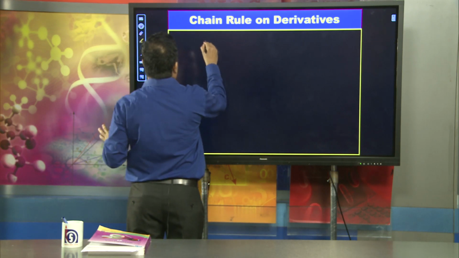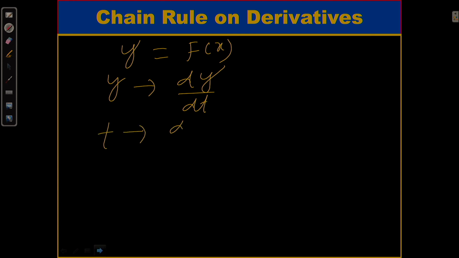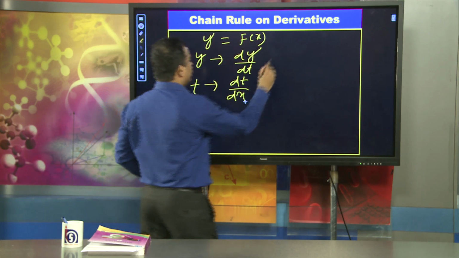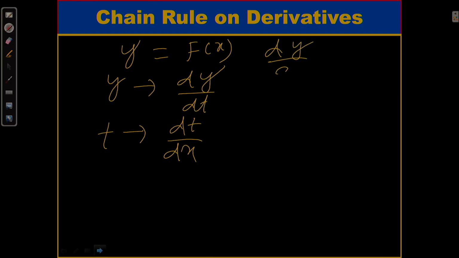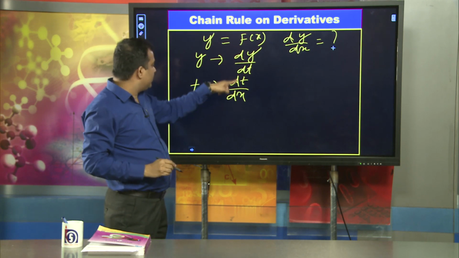For example, suppose y equals f of x, and we are going to find dy by dx. First we will write y in terms of t and find dy by dt, then t in terms of x and find dt by dx.